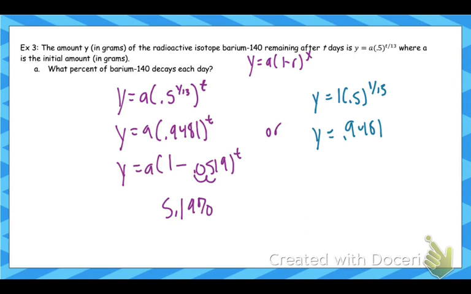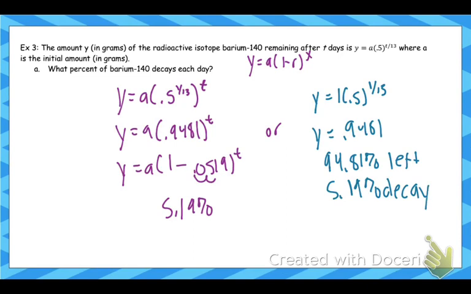That means that I would have 0.9481 grams left after 1 day. Well, if there's 0.9481 grams left, that means that 94.81% is left, which means that 5.19% is the amount that has decayed. And you still end up with that same answer.